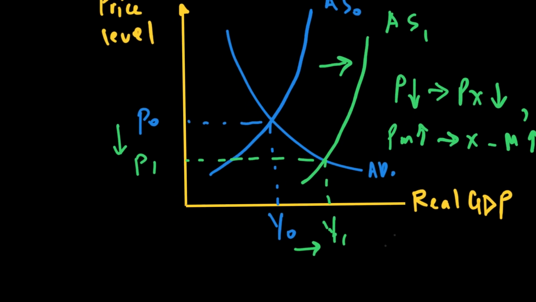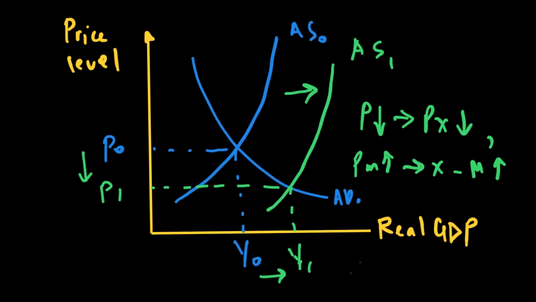First is lower inflation. Second is economic growth. Third is improvement in X minus M, or net exports. And the fourth one is lower unemployment, because when the GDP goes up, unemployment goes down.